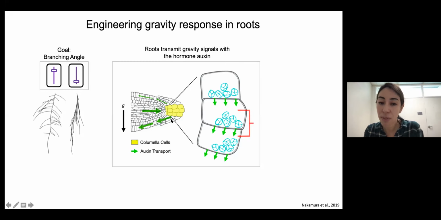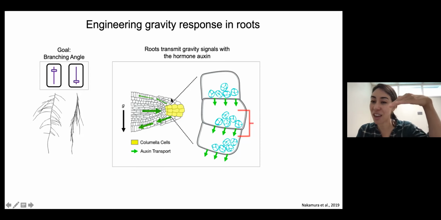Now, if these fall because your root tip is now oriented horizontally, then you get pulling on actin filaments in the plant and transport of auxin preferentially towards the side of the root that is lowest in terms of gravity. And the addition of auxin on this side actually prohibits growth of the cells, and you get more growth along the top side of the root, which then causes bending.